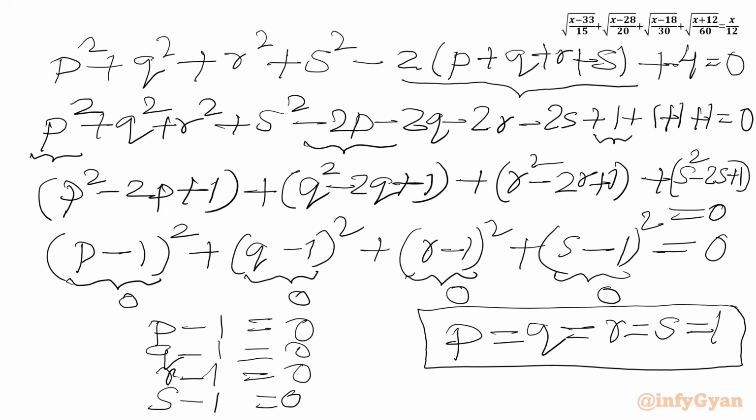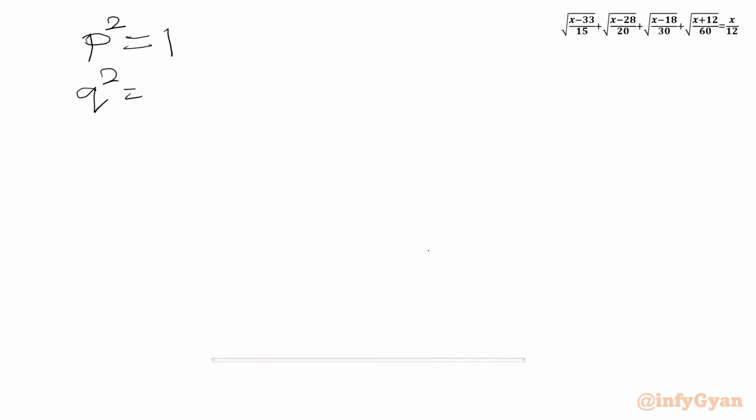Now we have substitution. So after squaring, we can write P square is equal to 1. We can write Q square is equal to 1. We can write R square is equal to 1. And we can write S square is equal to 1. Now P square is 4y minus 11 over 5.